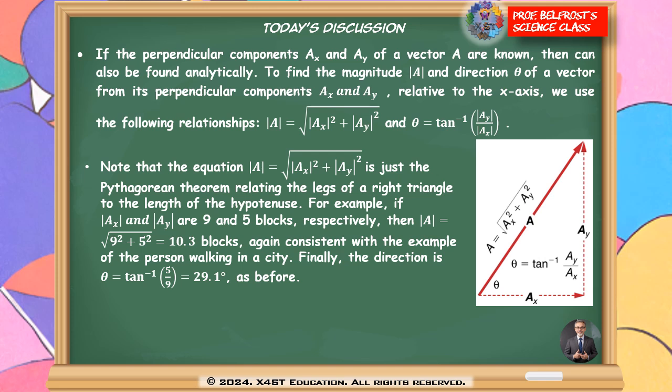To find the magnitude A and direction theta of a factor from its perpendicular components, we need to use the following relationships. A can be found using the Pythagorean theorem, which is the square root of the sum of Ax squared and Ay squared, whereas theta is the arctangent of Ay over Ax.